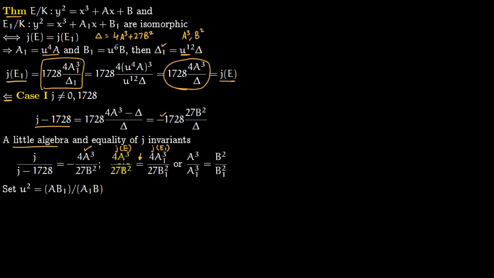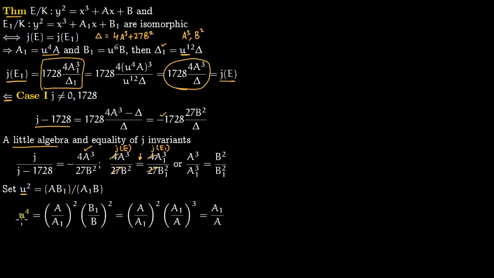Now you do the cancellations. Take a1 cube in the denominator here, and take this b square here. So you get a cube over a1 cube is equal to b square over b1 square. Now you set your u square as ab1 over a1b. Now you find u4 by squaring this. So you have a over a1 square times b1 over b square.